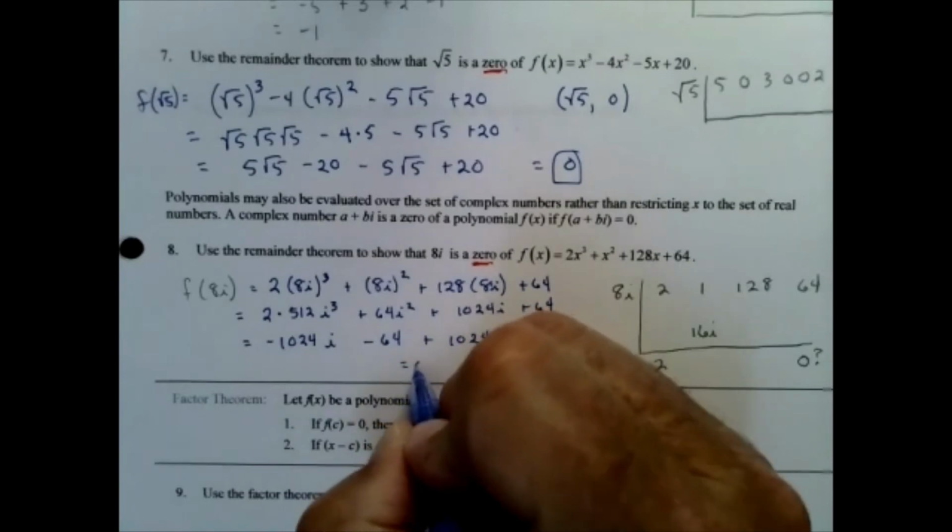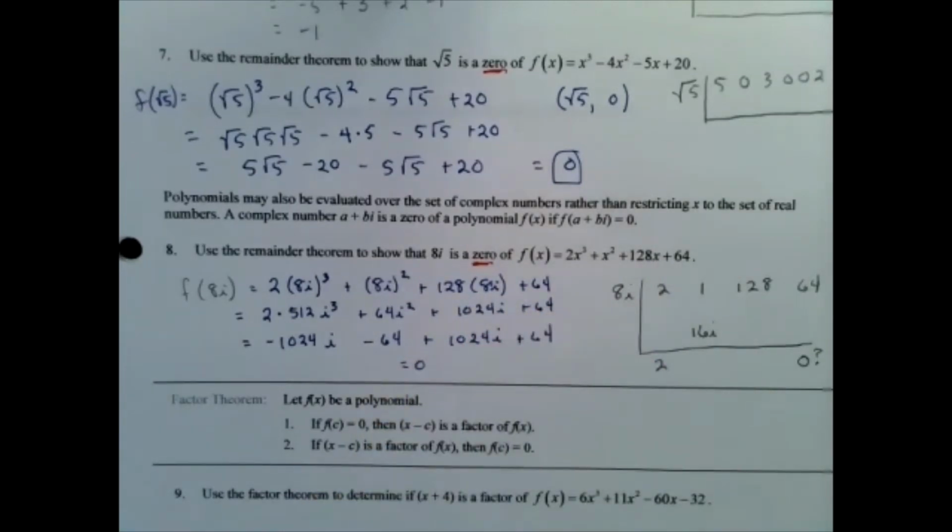Yeah, and everything's going to clean up and it's going to in fact give me 0. I did that kind of quick because the multiplication is based on 2's and I can do that pretty quick. But it actually all works out that 8i is a 0. It's a root, except it doesn't exist as a real number because it's imaginary.